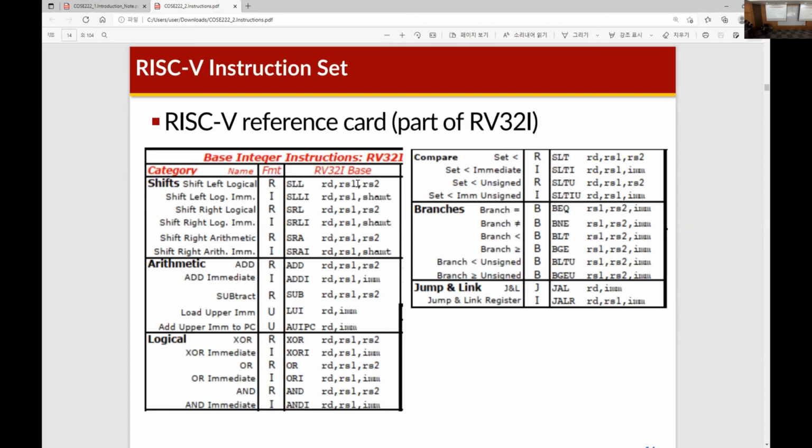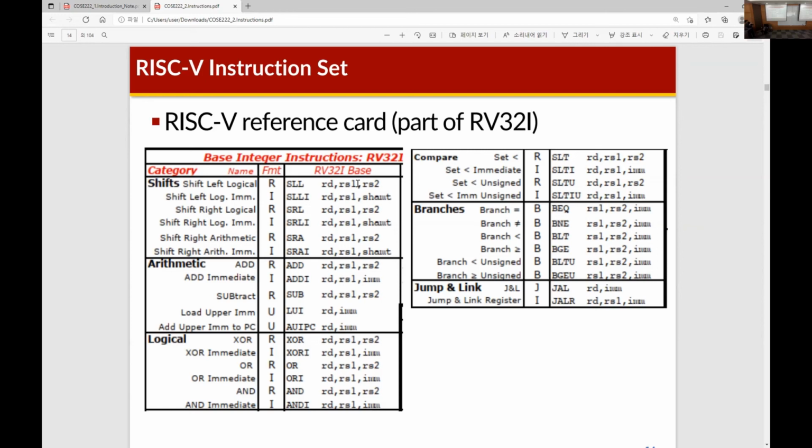For example, add RD, RS1, RS2. Add is the instruction, which performs the add operation. The RD represents the destination register, which means that the result of the add is stored in RD.